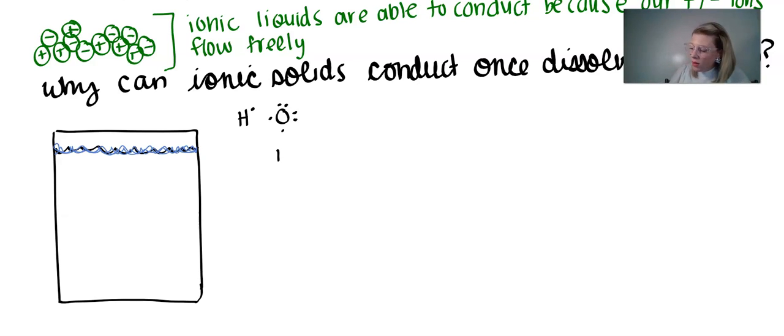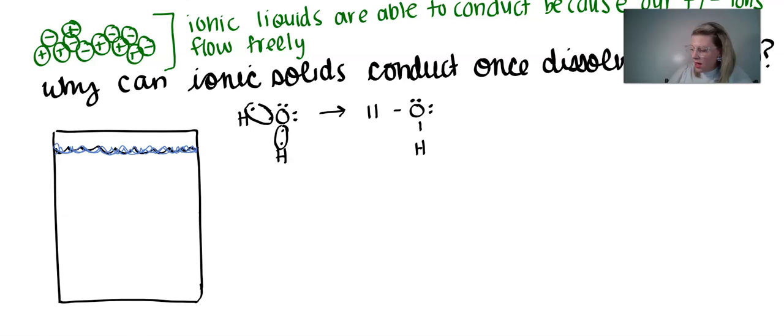And so when we create the structure of water, H2O, we have a bonding pair that's formed here and a bonding pair that's formed here. And as a result of that, our water structure looks like this.